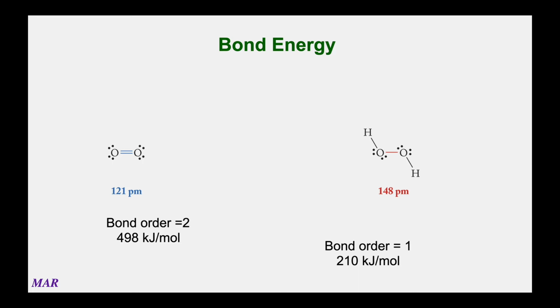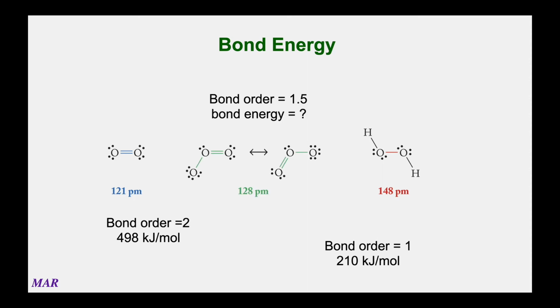Bond length got larger, so bond order went down, bond length goes up. On the other hand, the bond energy went from 498 kilojoules per mole to just 210 kilojoules per mole. So bond order went down, and the energy required to break the bonds went down too. Remember: bond order goes up, bond energy goes up, bond length goes down.